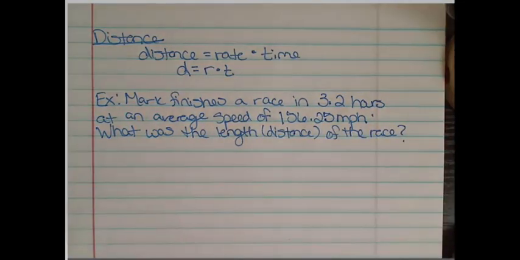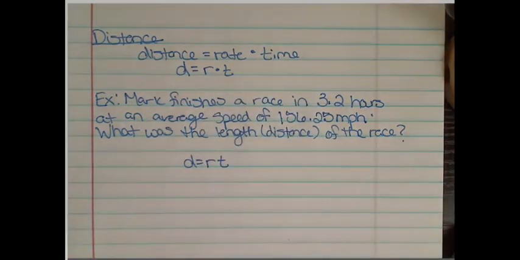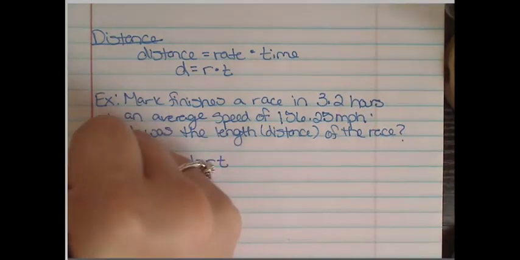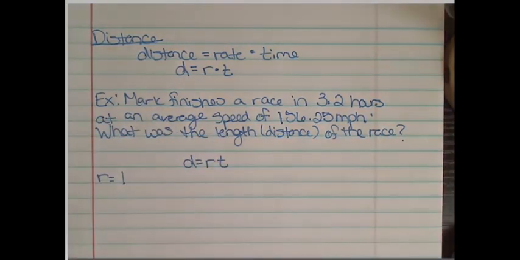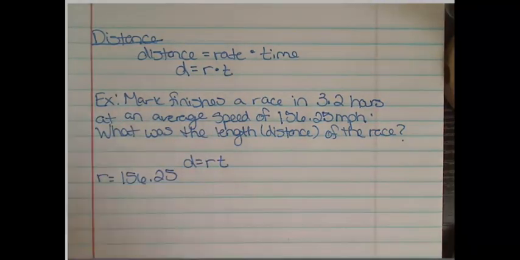Okay, so Mark finishes the race in 3.2 hours at an average speed of 156.25 miles per hour. So we need to know what the length of the race was, which is the distance. So we have D equals RT. In this case, we know that our rate was 156.25 miles per hour, and we know our time was 3.2 hours.